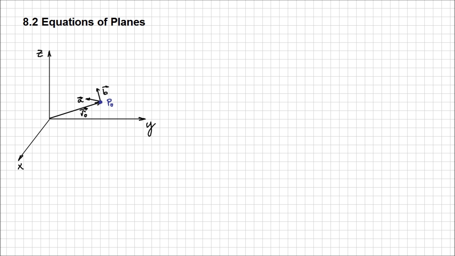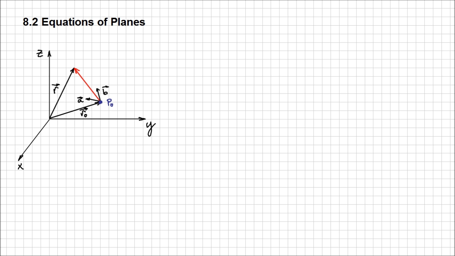So we can create some sort of an equation that we can express the rest of the points contained in this unique plane. Just like before, I'm going to take another point P that is going to be contained in this plane, and its associated position vector, because I can express this R vector as a sum between R0 and this red vector.